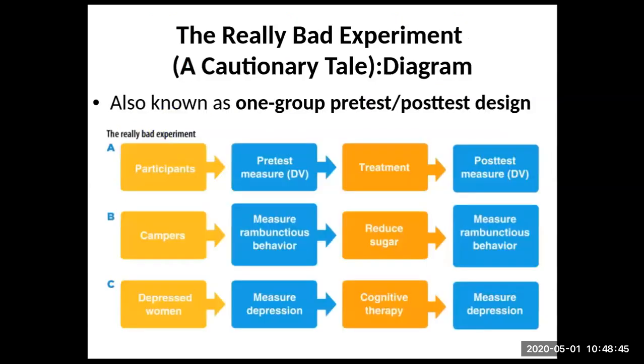So here is what the book calls the really, really bad experiment, also known as a cautionary tale. This is called the one-group pre-test post-test design. Now remember in chapter 10, we talked about a post-test only type of design where you're only measuring the DV once at the very end.